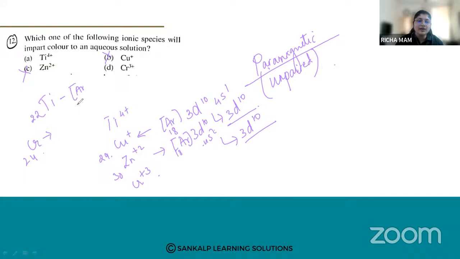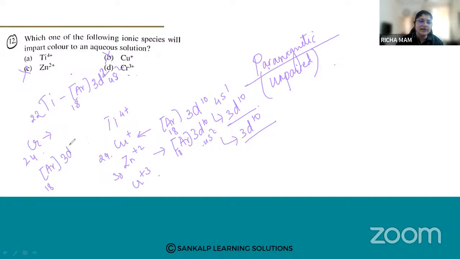So argon 18, 19, 20, 21, 22. So it will be 3d2 4s2. Chromium, argon 18.